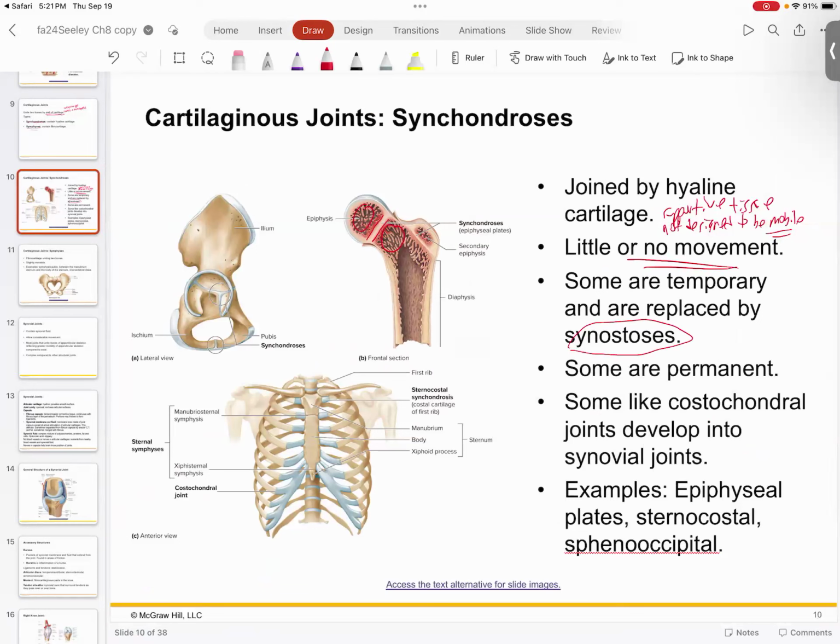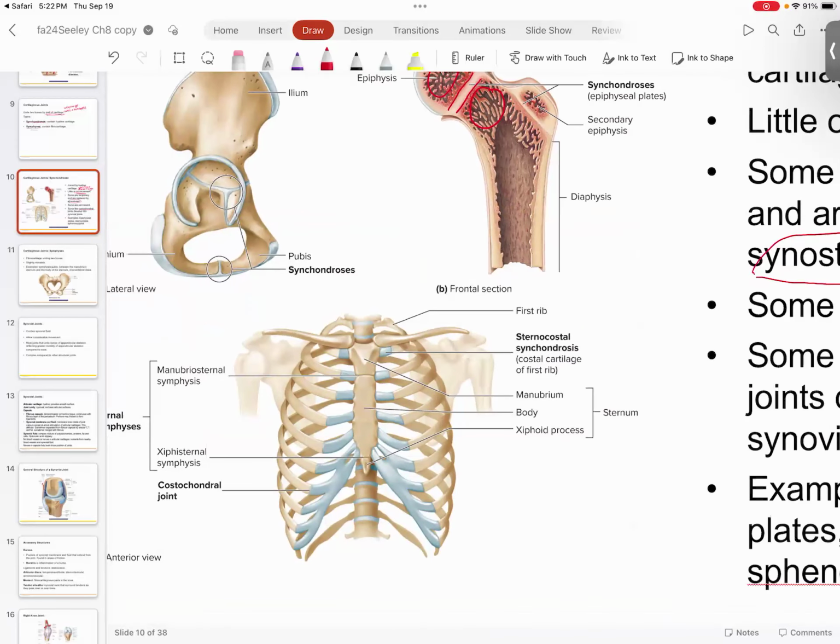But a lot of these are permanent, at least the ones we think of are permanent. For instance, the costochondral joints, the intercostal cartilage, are types of permanent synchondroses.